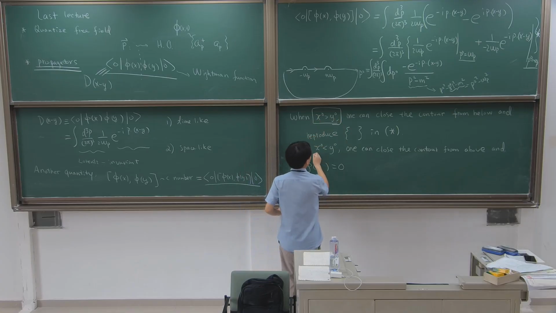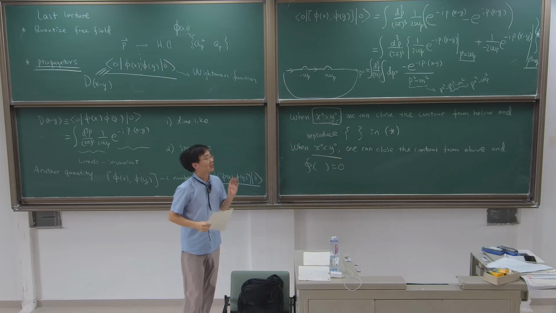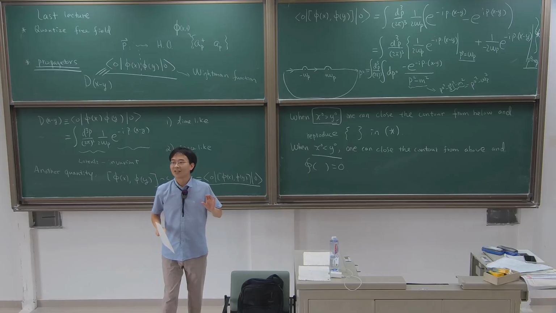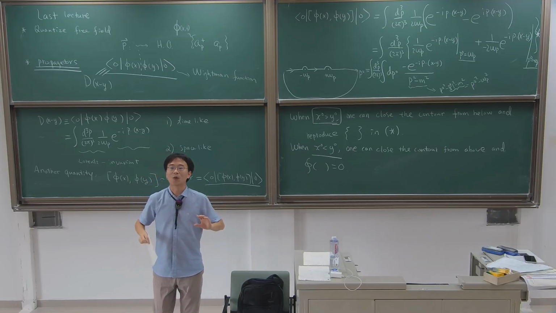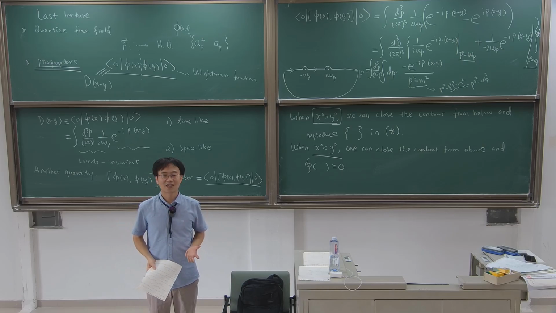Now we carefully examine it. It's only true if x0 is greater than y0, because only in that case you can close the contour and wrap this pole. If I lose one of the poles or both of them, I will not get a residue, you see?